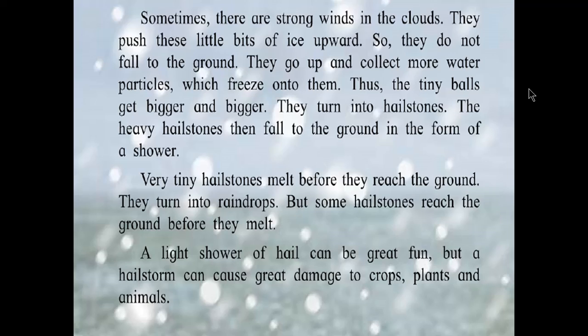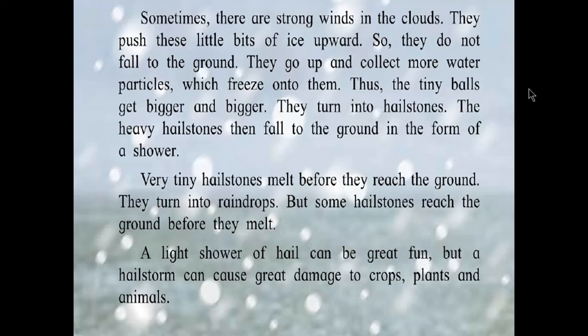So, children, when we are very near to the sky, how will the temperature be? The temperature will be low and it will be very cold even during the summer season. And you know there are water particles in the cloud, isn't it? So, the clouds that are far away from the land have water particles in the form of ice as it is very cold. Now, what does the strong wind do?